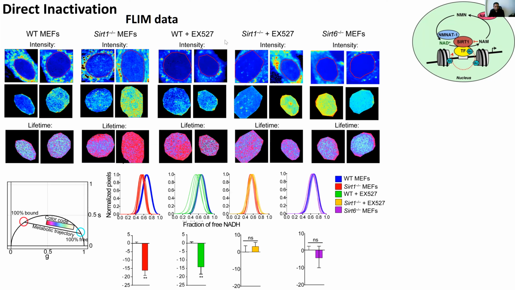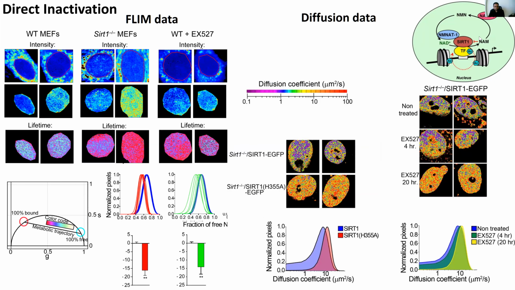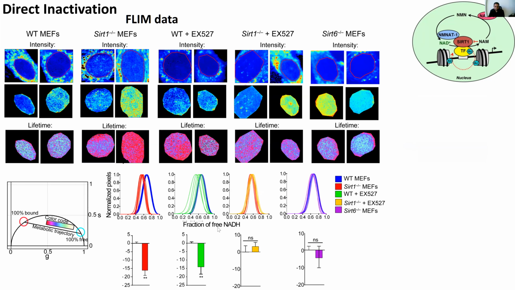However, if we add EX527, which would block the SIRT1 activity, we see slowly it's going the same way as the SIRT1 negative cell. However, if we add it to SIRT1 negative cells, which shouldn't matter, it doesn't. We don't see any changes. And SIRT6 negative cells, which is not in the nucleus, which is not a part of this, there is no change compared to the wild type.